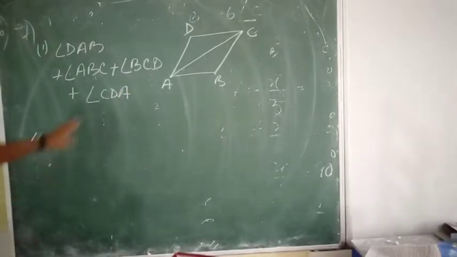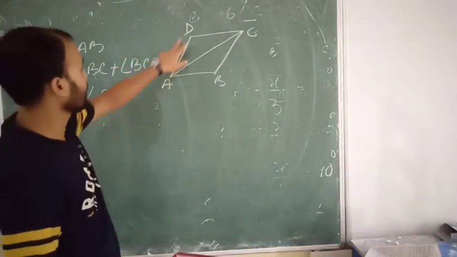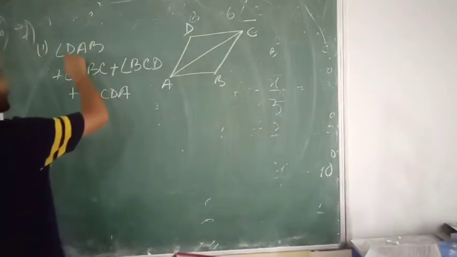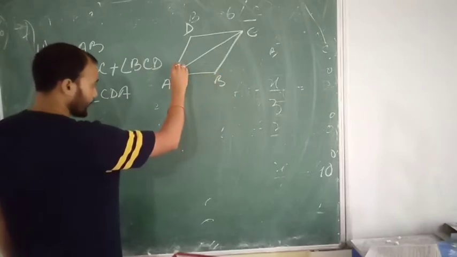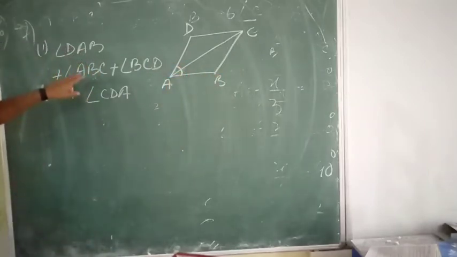See, there are two triangles. This is one triangle, ABC. From this triangle, we will find DAB, this entire angle, and ABC.